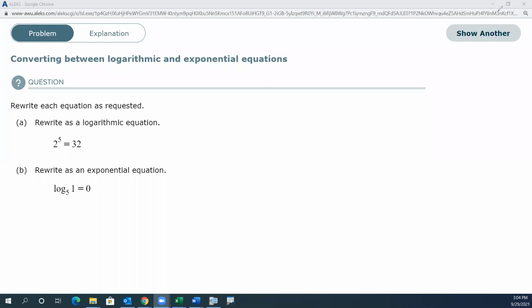Now, in order to work effectively with logarithms and exponential equations, especially logs, you have to be able to convert back and forth. Okay, so this equation is in exponential form because I see an exponent, the 5. And so I can rewrite it as log base 2 of 32 equals 5. It's probably not obvious at the moment why we might want to do that.